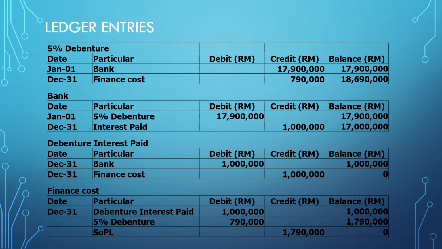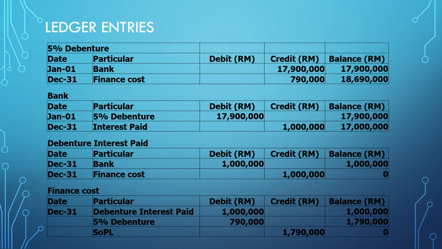Okay, then debenture interest paid, debited 1 million. We paid by using the bank, and we need to transfer it to finance cost because the debenture interest paid is part of the finance cost of the debenture.